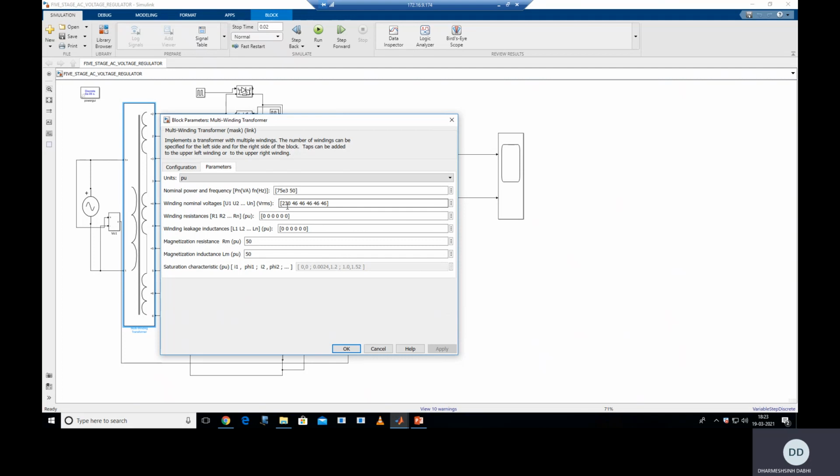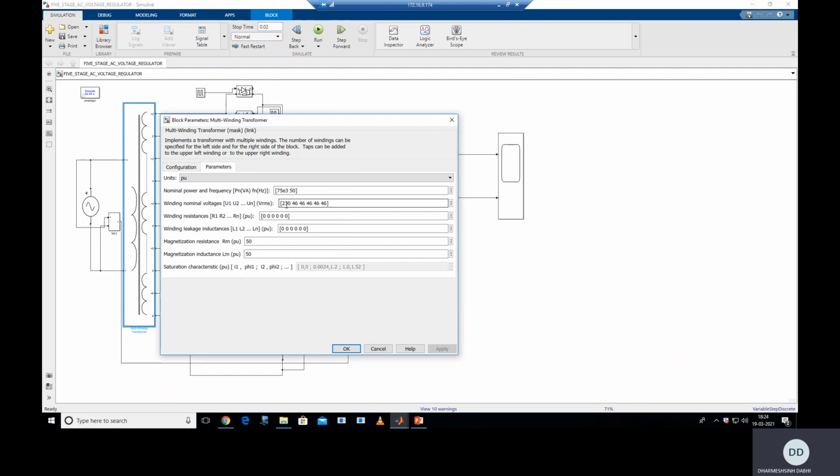That is a 1/5 part of this 230 volt. Here I take 5 stages, so I take the rating of each secondary winding as Vs by 5. Vs is 230, so 230 by 5 is 46. Same way for the remaining 4 secondary windings, same voltage rating. So it is 46, 46, 46. All 5 secondary windings have a voltage rating of 46. It means Vs by 5, and the primary winding voltage rating is 230.